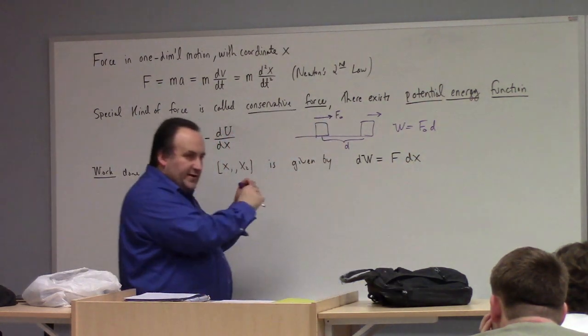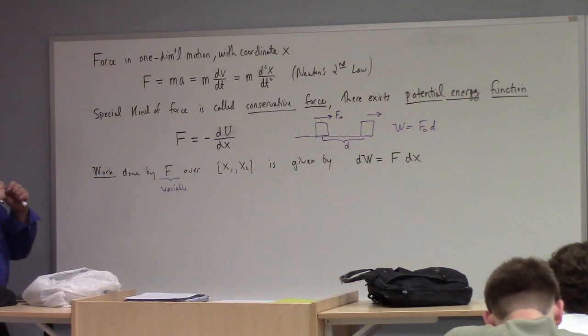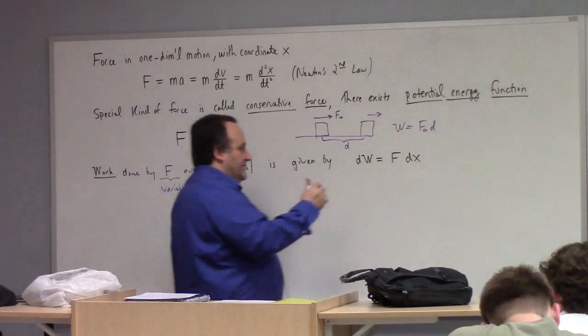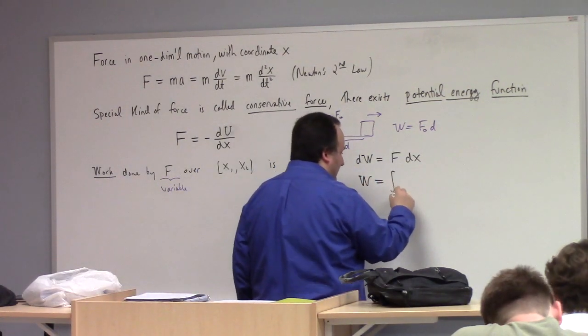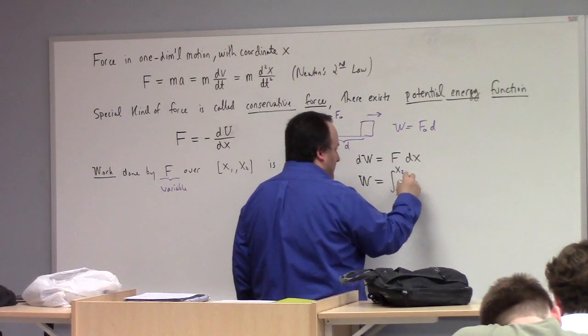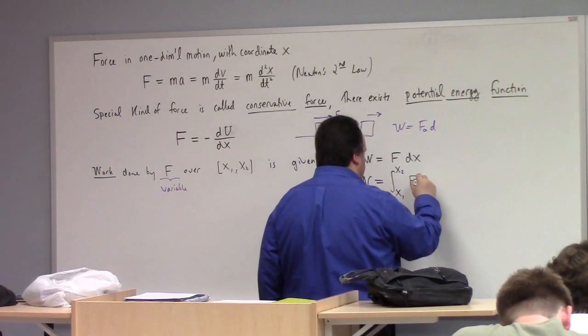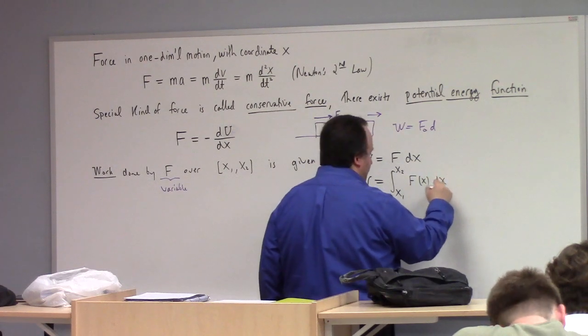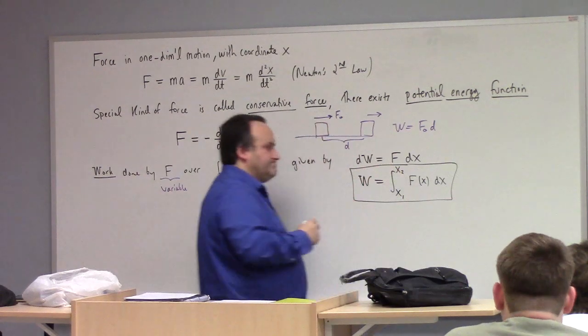So a little bit of work done is the force times a little dx. That makes sense. And so if we integrate that, we get the total work done. So this is like the next step from high school perhaps. F is a function of x, all right? So this is the work done by a variable force.